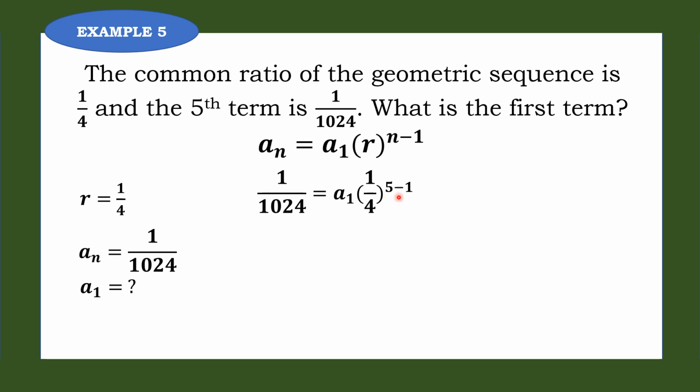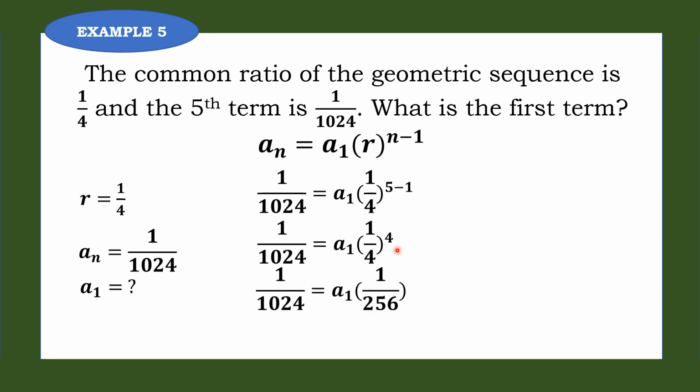Now simplifying the exponent, 5 minus 1 gives us 4. Now simplifying 1/4 raised to 4, we have 1 over 256. To solve for the value of a sub 1, we simply divide both sides of the equation by 1 over 256.